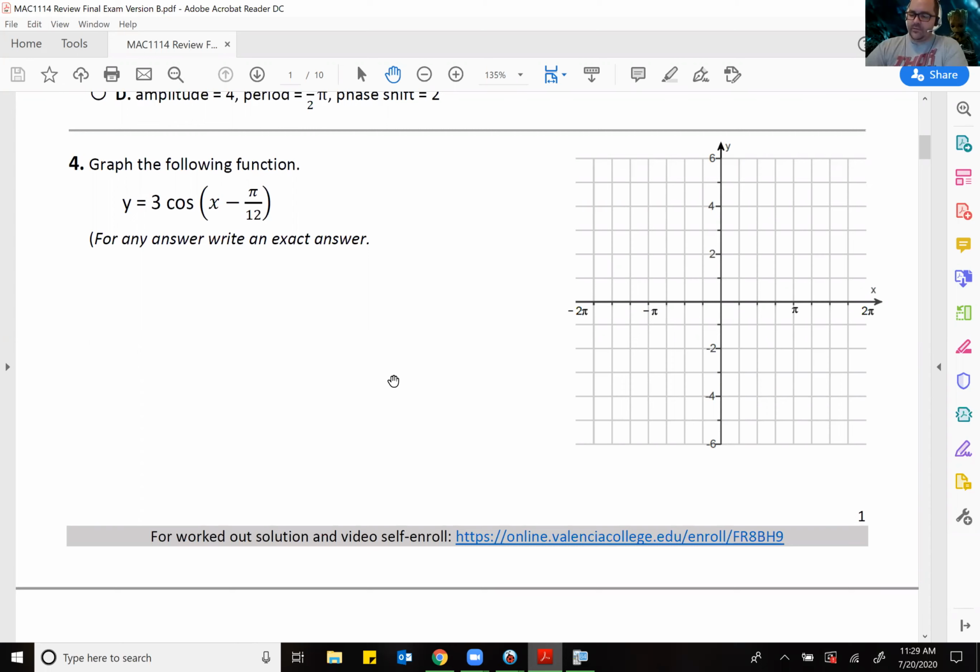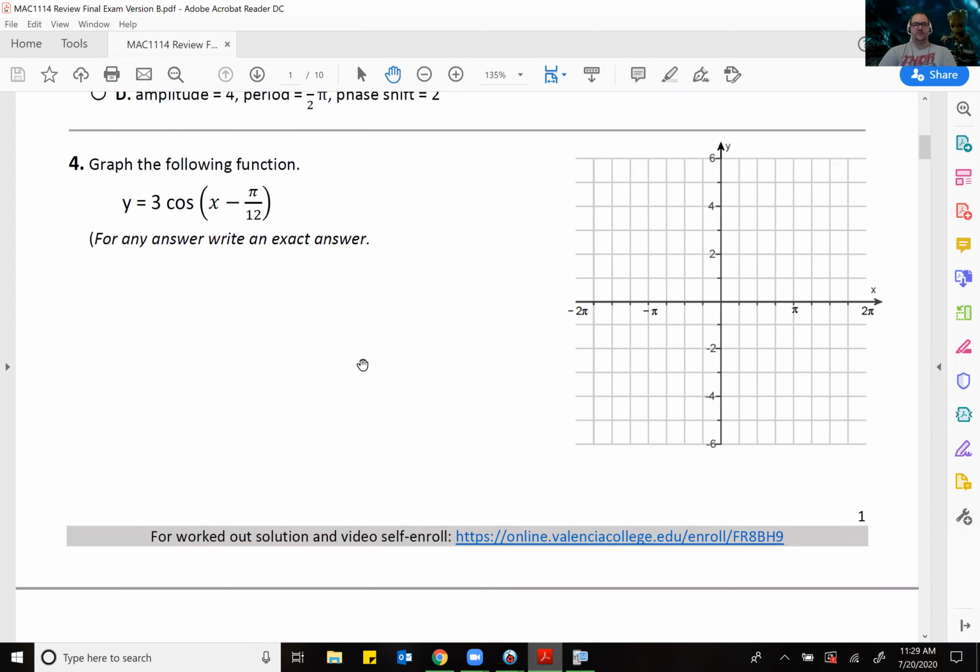The period, the phase shift, the vertical translation, and then they ask about reflections. If you can answer these 5 questions, you have all the information you need to put into the MyMathLab. And then the MyMathLab will generate the graph for you. Me, unfortunately, I have to generate the graph by hand. Okay? And I'll do that here in a second.